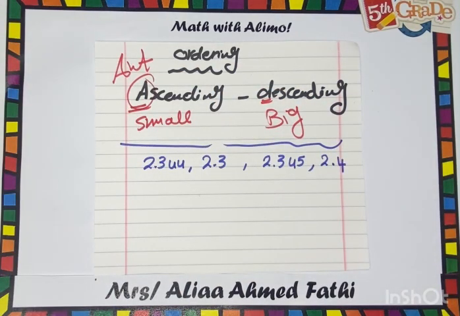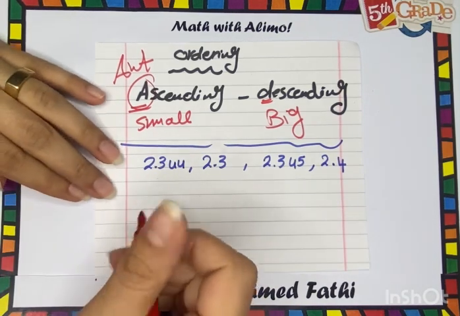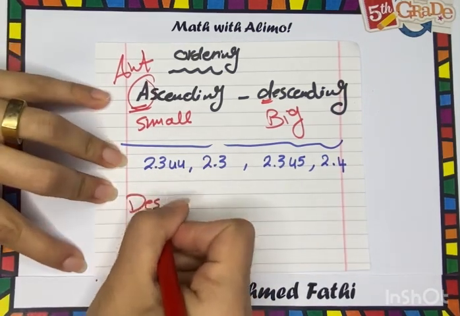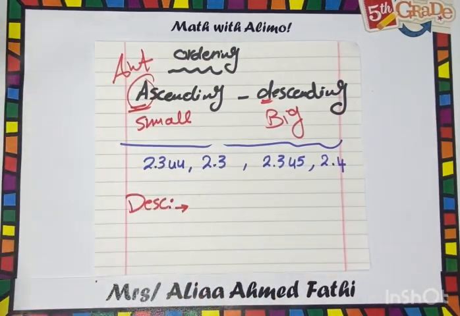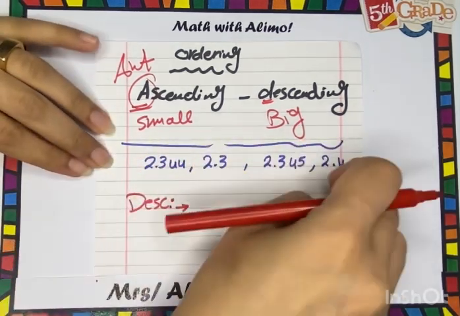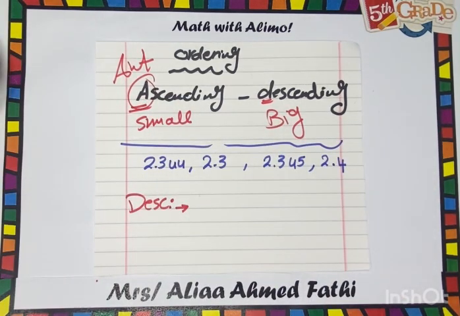Okay, if I have these 4 numbers and I wanted you to arrange them in descending order. So descending, we said, means from the big one. So let's choose the greatest number from these numbers.